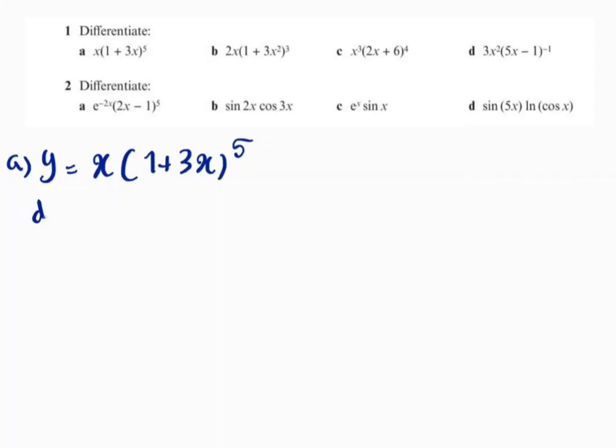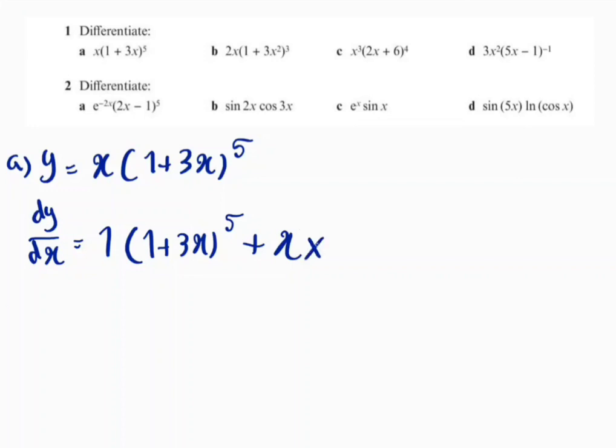So dy/dx is equal to, we differentiate the first function first, which is 1, because x differentiates to 1, times (1 plus 3x) to the power of 5, plus, now we write down the first function and differentiate the second one, (1 plus 3x) to the power of 5.